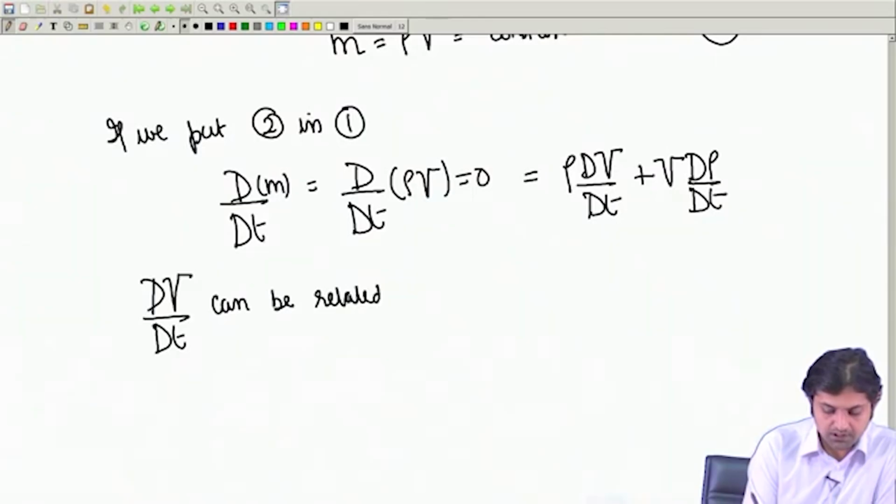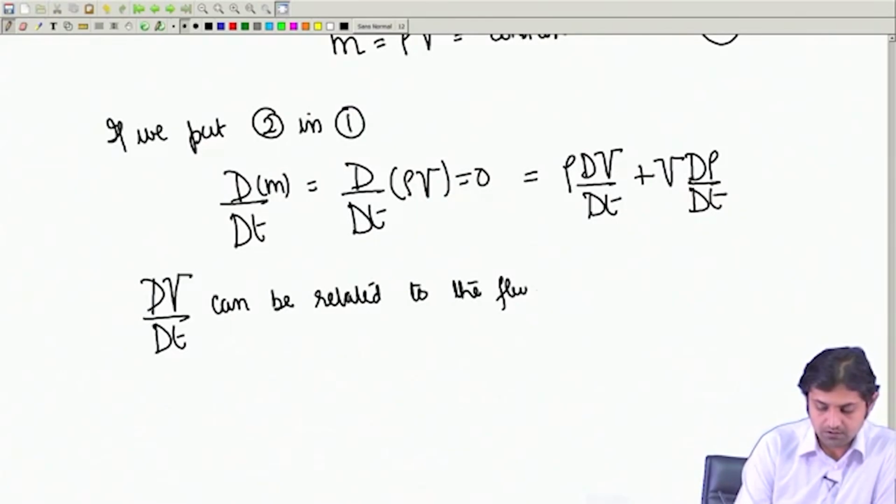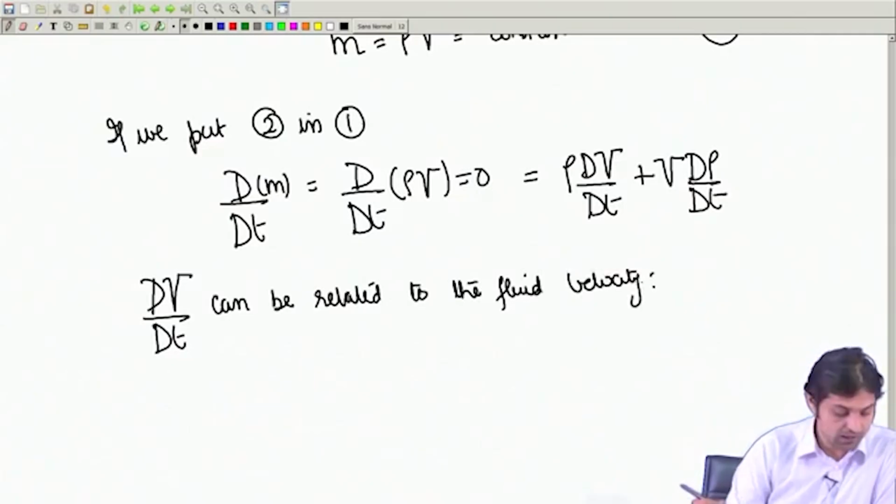can be related to the fluid velocity. How?